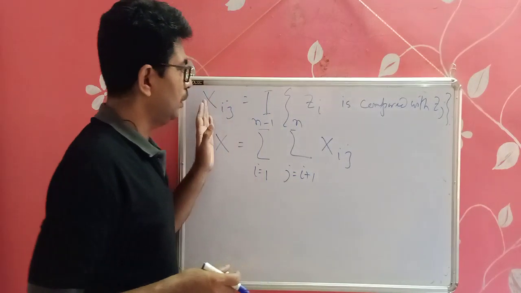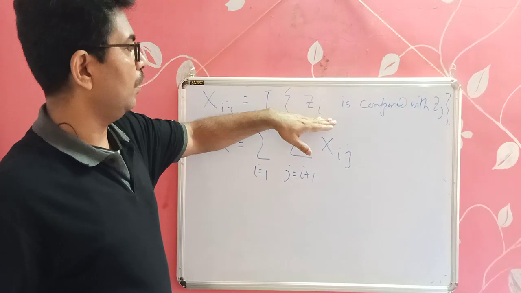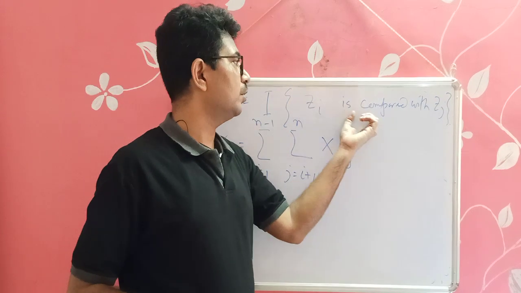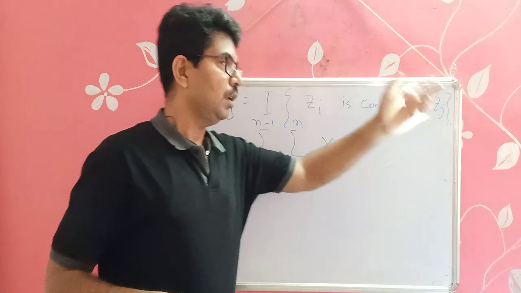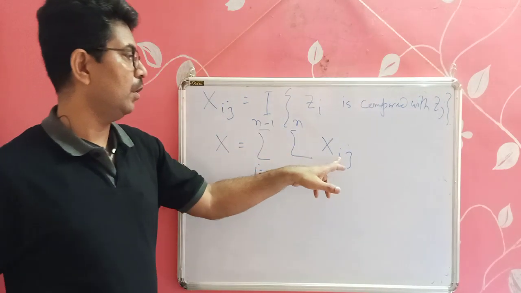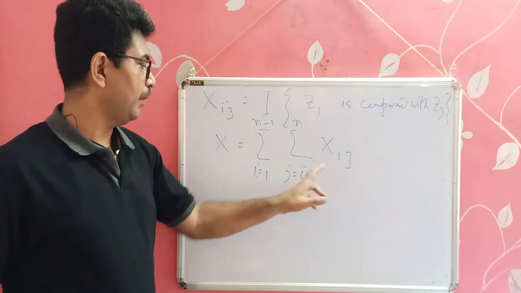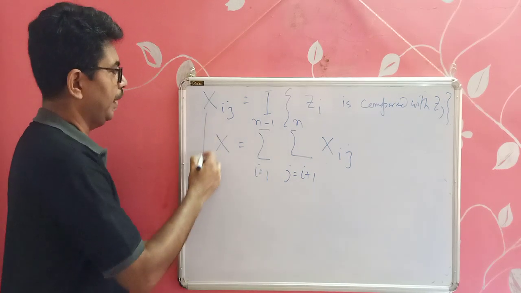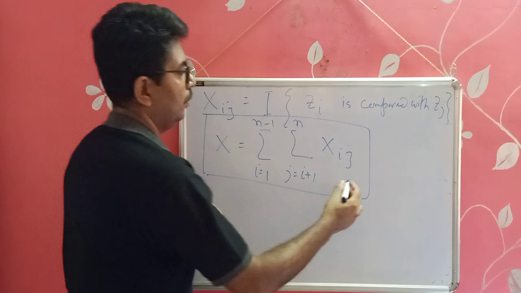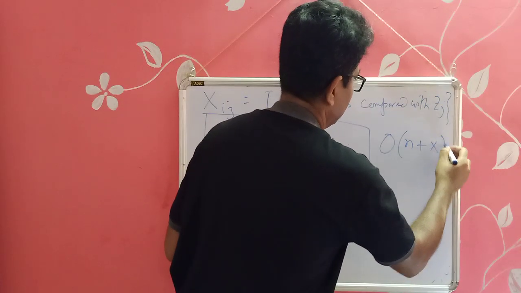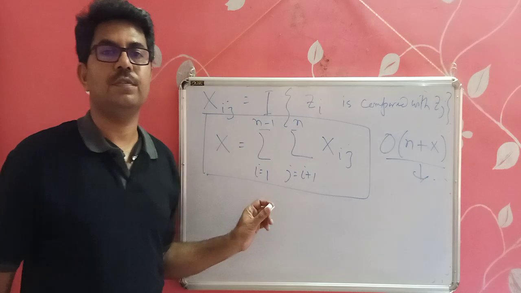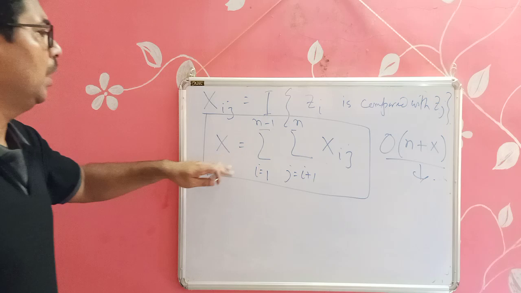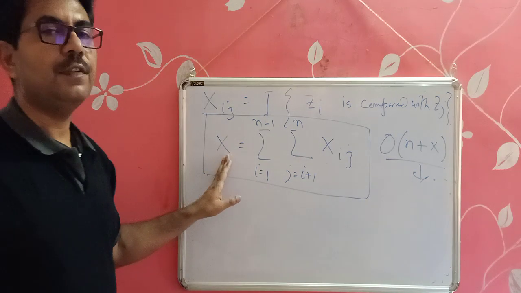If Xij represents the number of events where Zi is compared with Zj, then the total number of comparisons will be for all i and all j. If i varies from 1 to n minus 1, obviously j will vary from i plus 1 to n. So if we can find this value, then we can find the time complexity, or expected running time, of the quicksort, right? So now our problem is to find the value of X here.